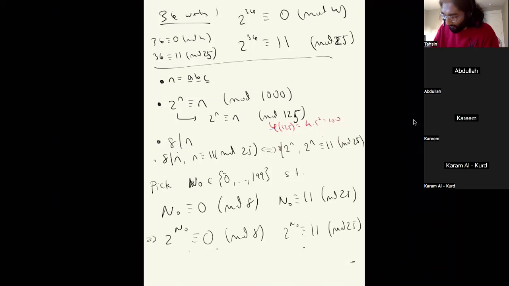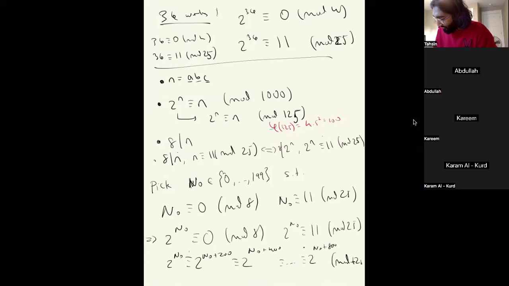What I'm saying is it's further true that 2 to the n0 are all equal mod 125.